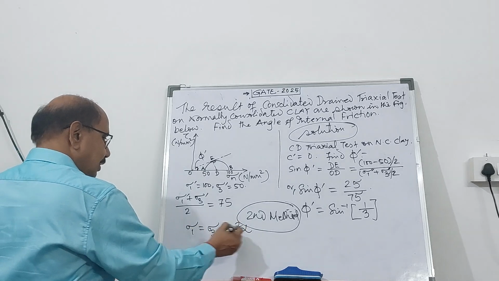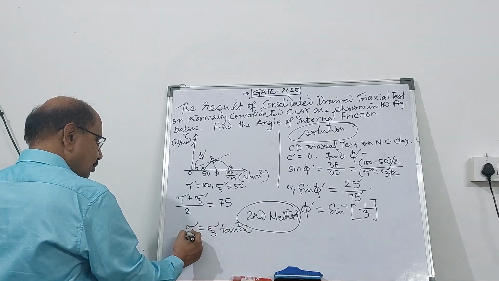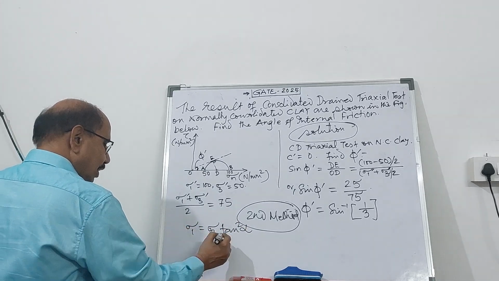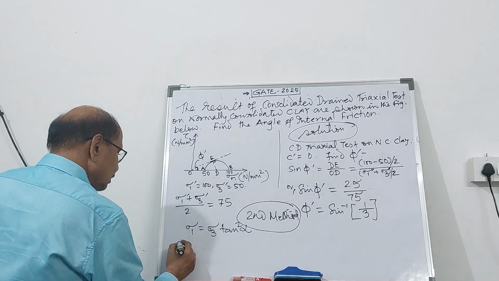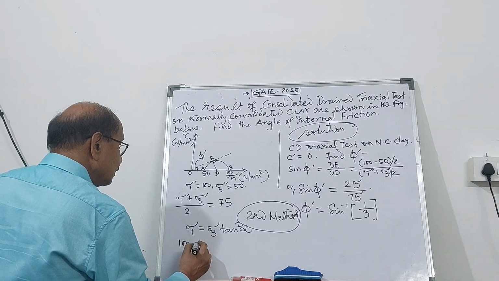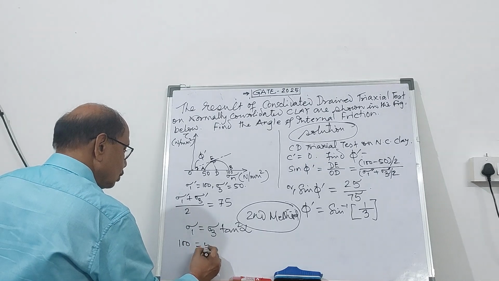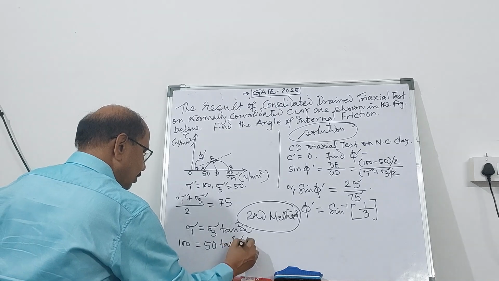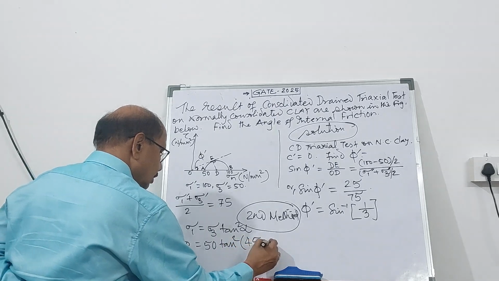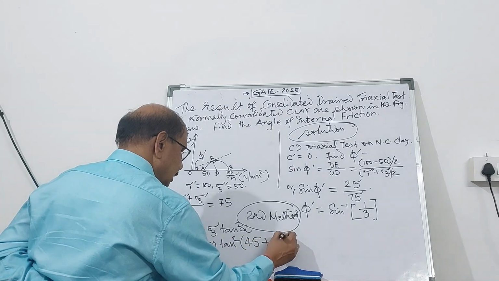Therefore, this will be the relation between sigma 1 and sigma 3, where sigma 1 is 100 equal to 50 tan square alpha, and alpha will be 45 plus phi prime by 2.